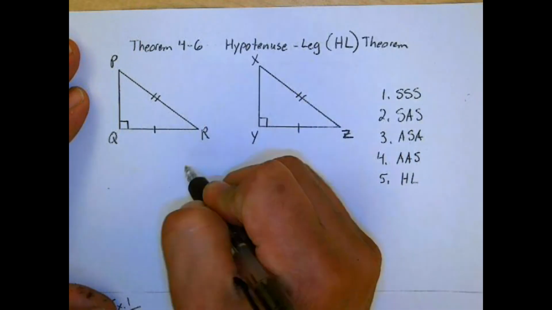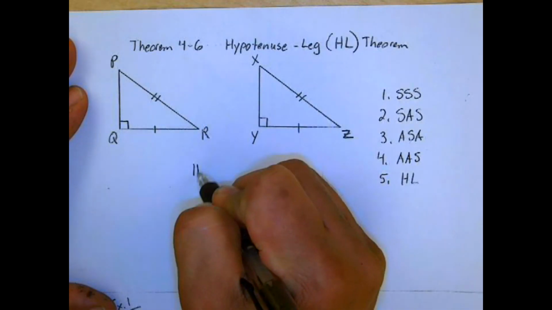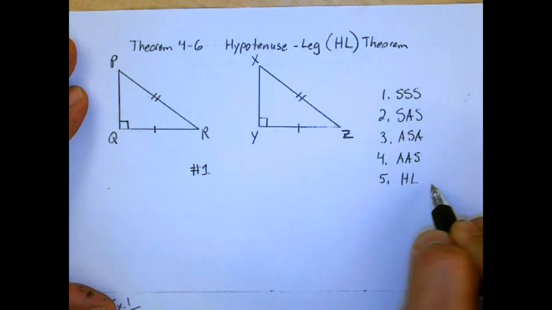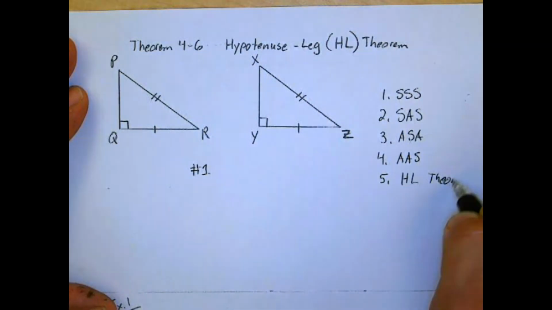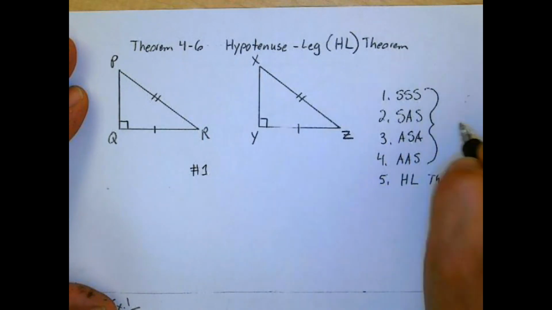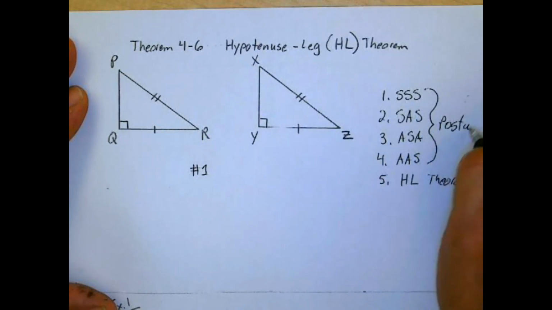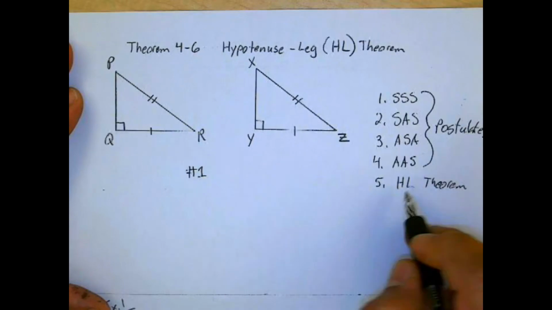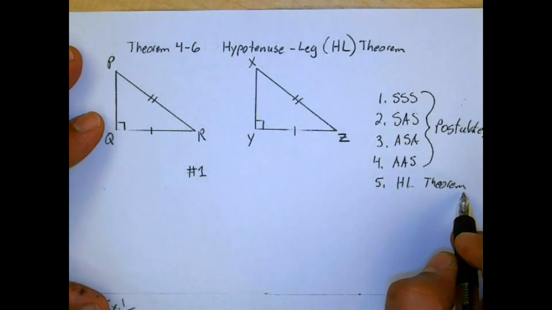Now, the 3 things that you need to worry about when you're dealing with the HL theorem, remember this is a theorem, and the rest of them are actually postulates. So the first 4 are postulates, and the last one is a theorem. Okay?